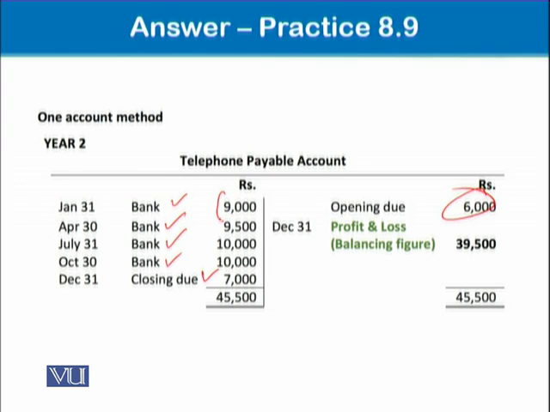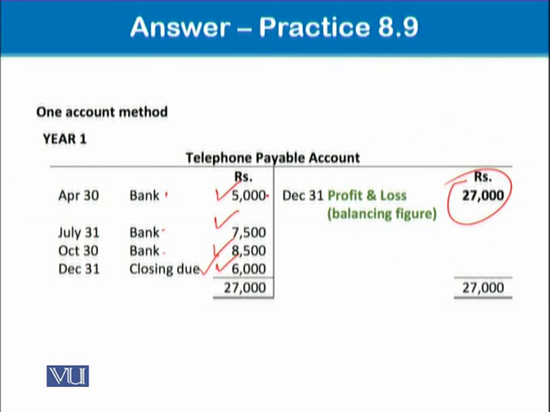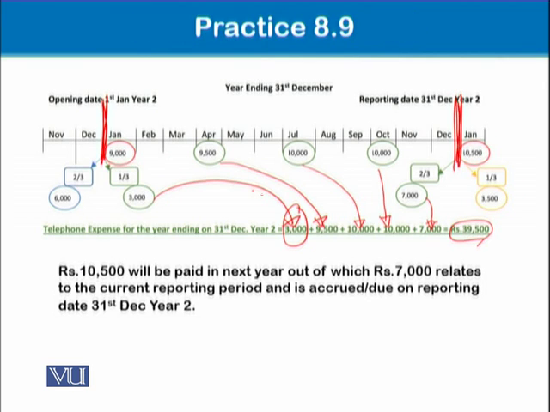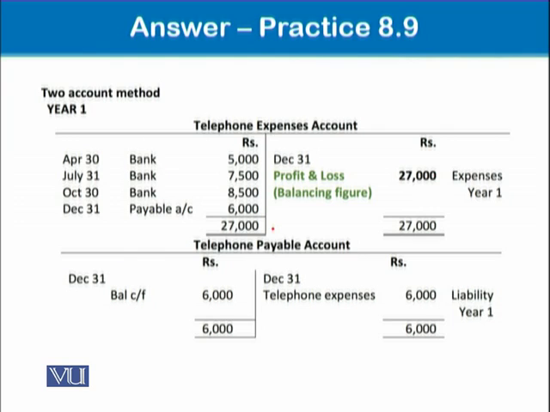If you see that the difference of these two is 3,000, which is impacting on the debit side if you remember this 3,000. Okay. So if we are putting this 9,000 over here, we have to subtract this 6,000. Makes sense.